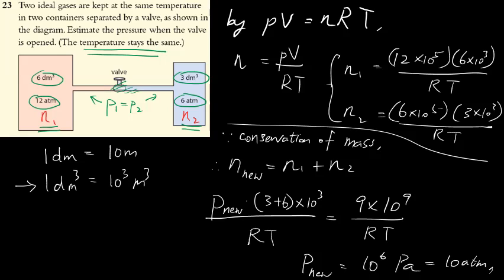Otherwise, the gases would still be moving from one side to the other if the pressures are not equalized. Very simple, huh? So what you're going to do is, firstly, what I did was to change 1 dm cube into meter cube because we want to follow the SI unit.